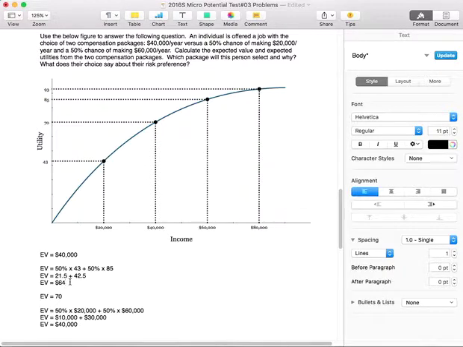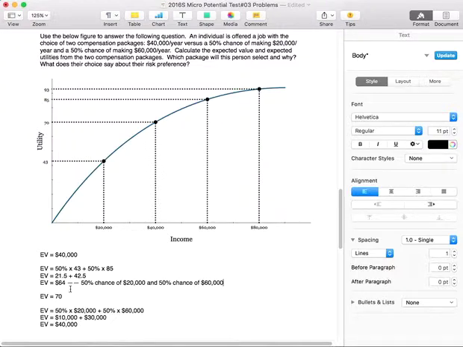So this is the expected utility of that payment stream where there was a 50% chance of $20,000 and a 50% chance of $60,000.